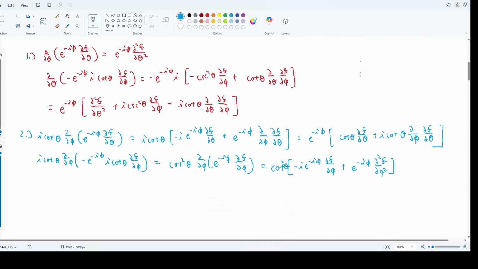Now factor out the e to the negative i phi, and you have negative i cotangent squared theta df by d phi plus cotangent squared theta d2f by d phi squared.